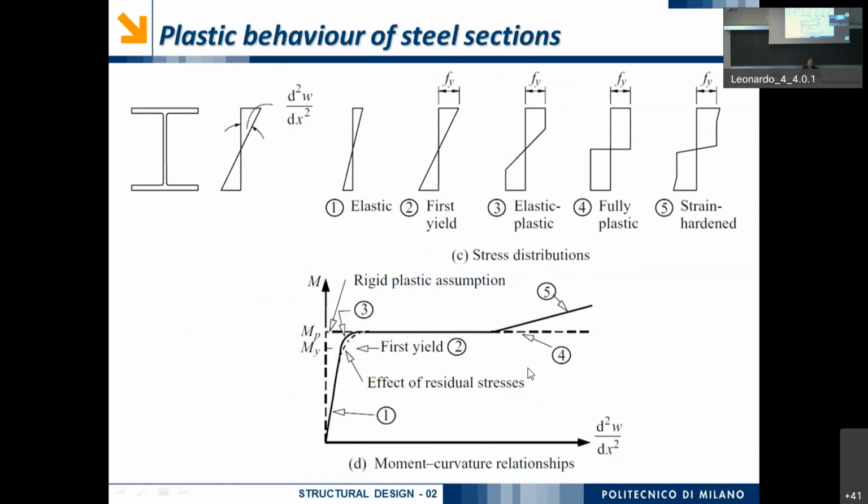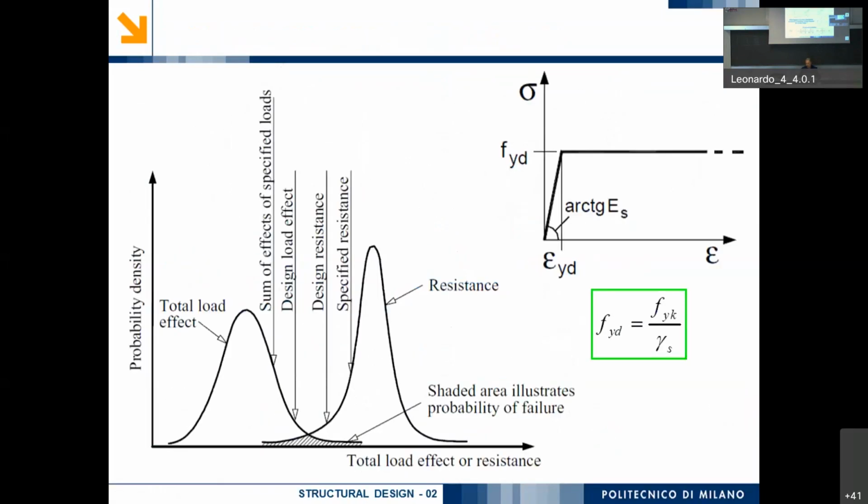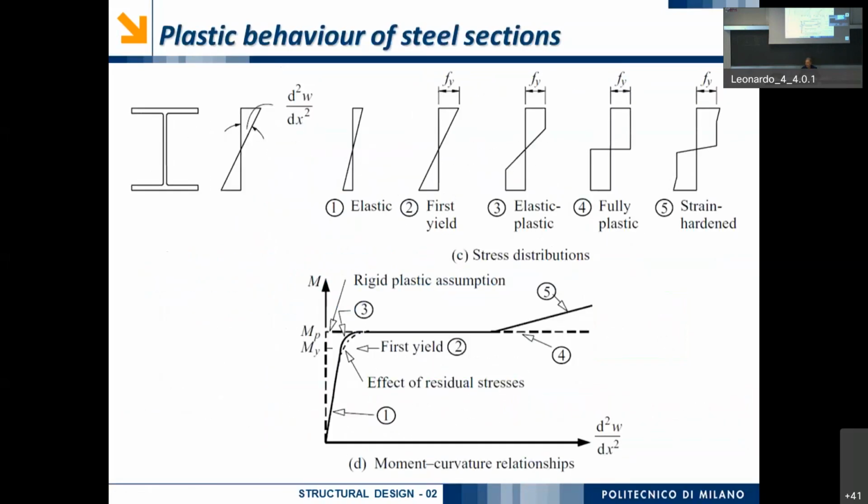In reality, the fully plastic moment might be also exceeded. Why? Because in reality, there is a part of this diagram in which there is an increase in the stress corresponding to the increase of strain. But generally, we can neglect this kind of behavior, okay?